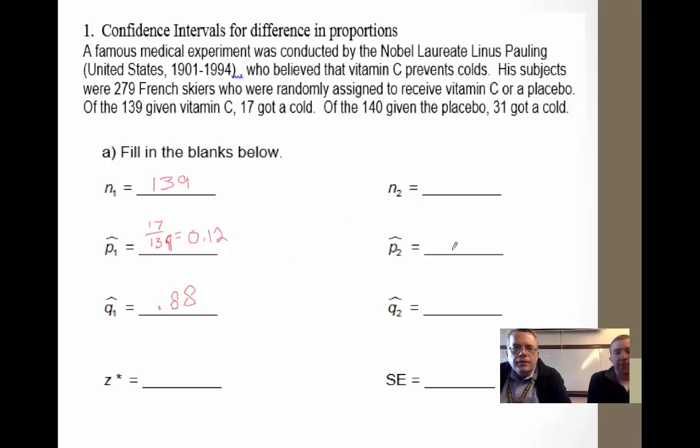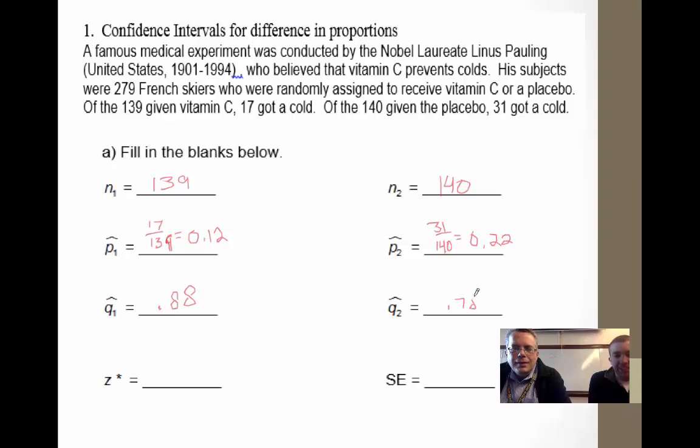Okay. Then there's 140 given the placebo, and 31 out of them got a cold, which becomes 0.22, and 0.78.